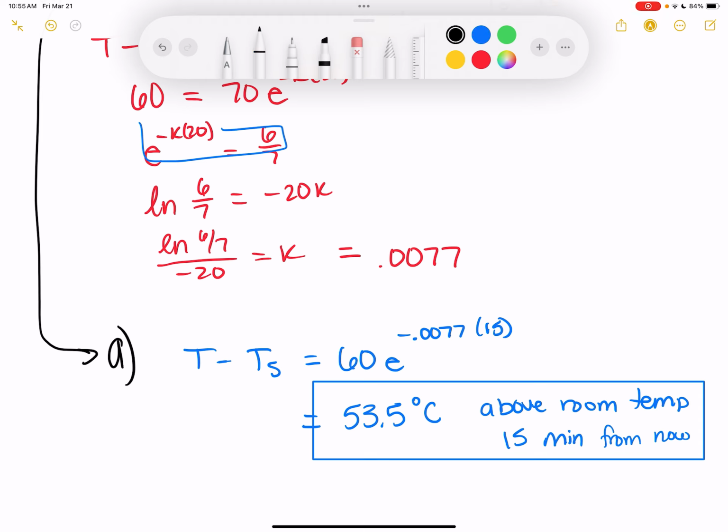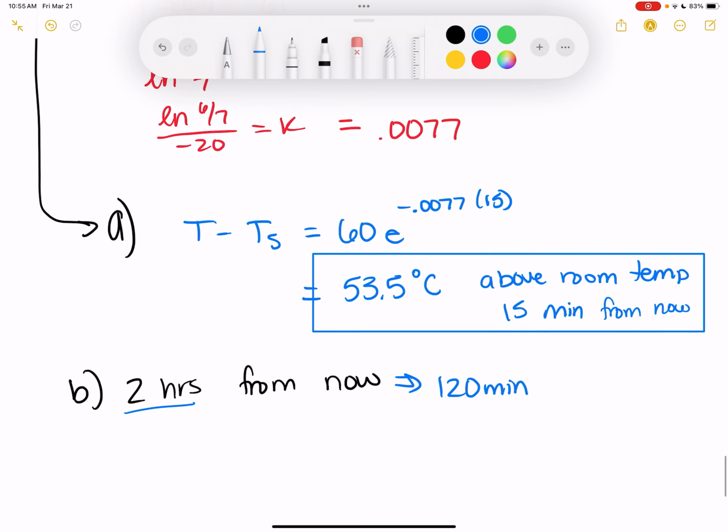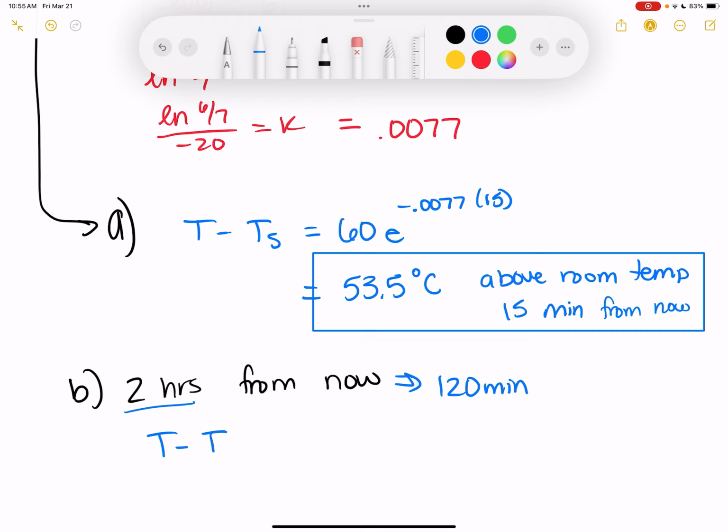So then part B is 2 hours from now. But obviously we've been dealing in minutes, so how many minutes is that? 120. Yep. So 120 minutes is what I'm going to want to use. So T minus T sub S equals 60 e to the negative 0.0077 times 120.